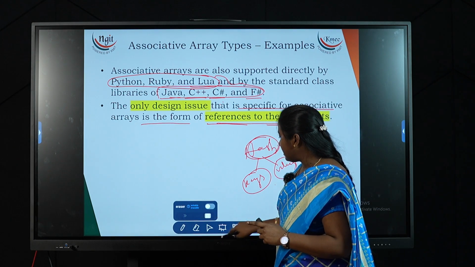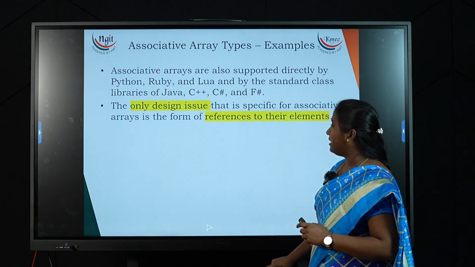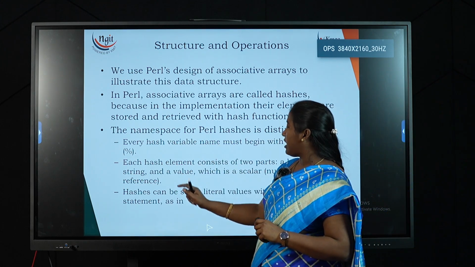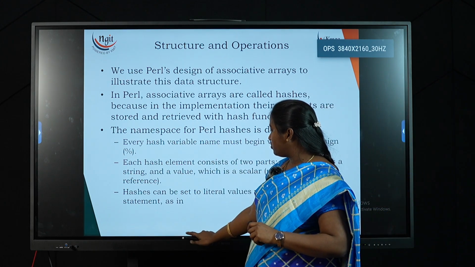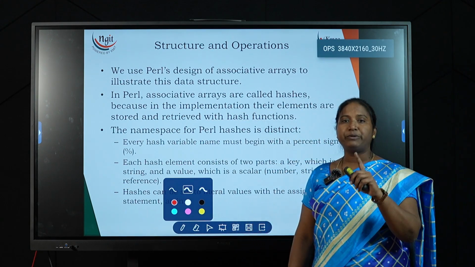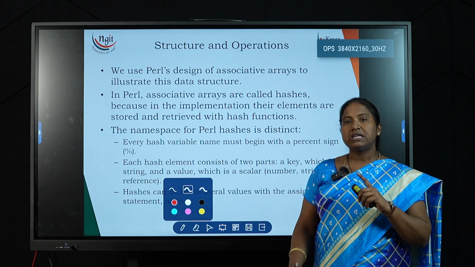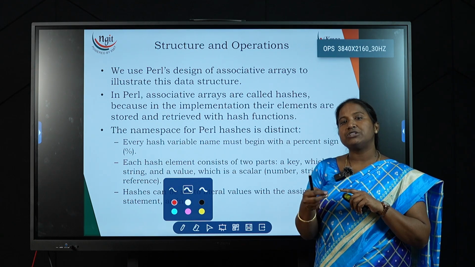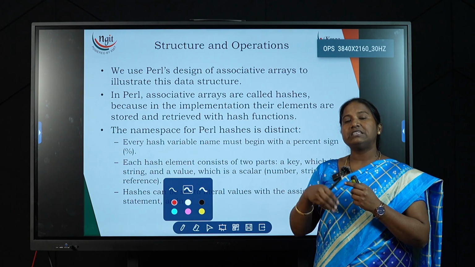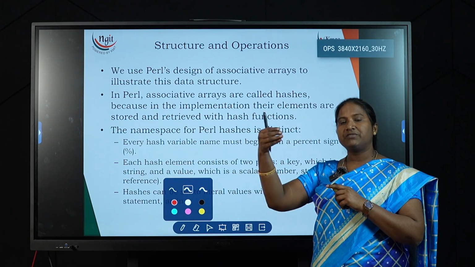Now let's see the next programming language, which is Perl. When you ask me to talk about structures, I can introduce the Perl programming language, because in the way it stores associative arrays, Perl is different if you compare it with other languages.